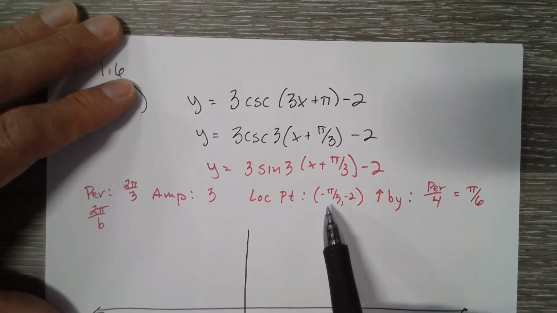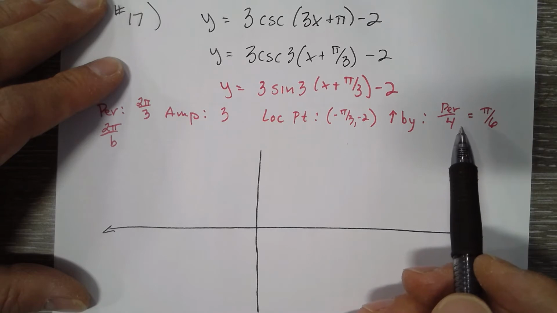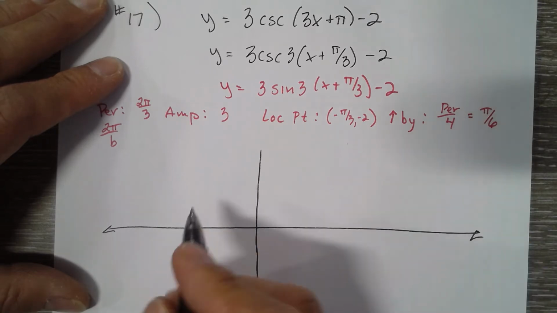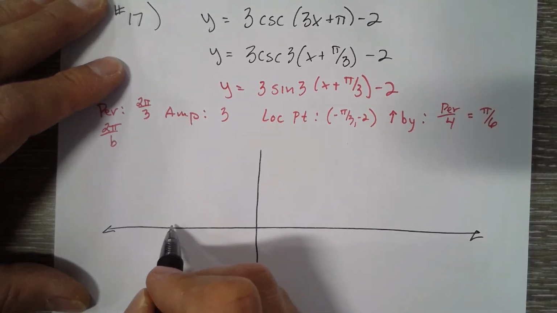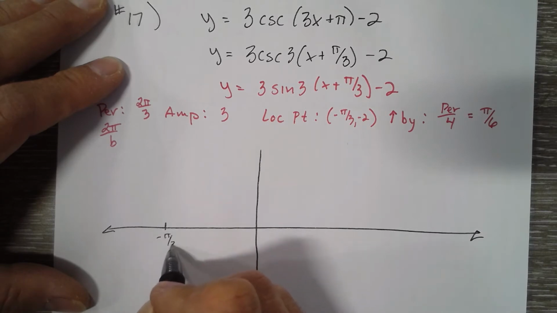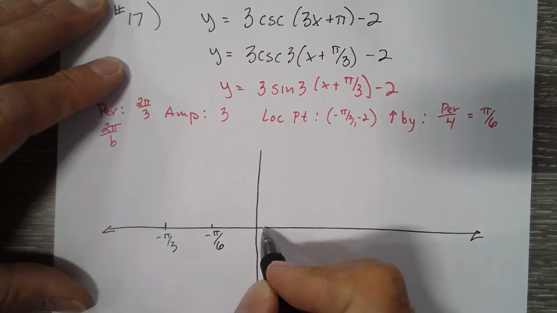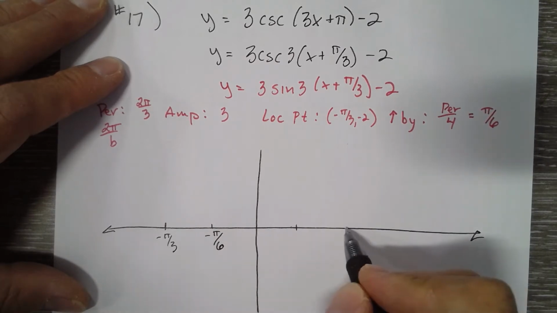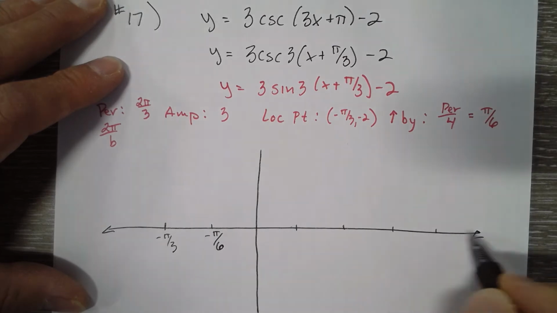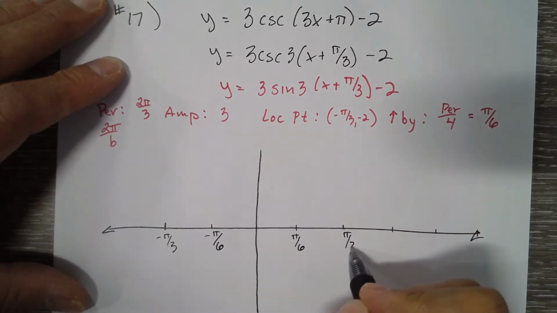Let's see, I'm starting at negative pi over 3, I'm going up by pi over 6. So I'll go by pi over 6's. Negative pi over 3 plus pi over 6 is negative pi over 6, and 0. Pi over 6, pi over 3.